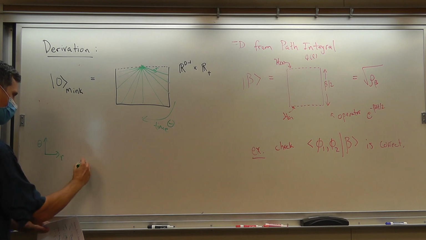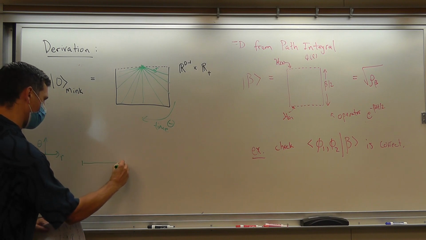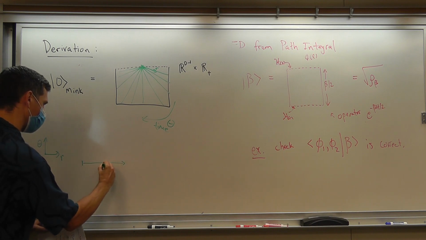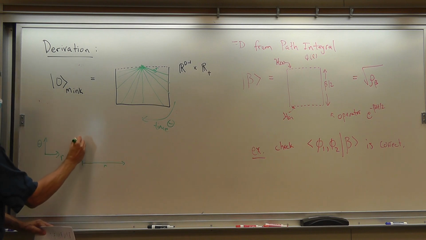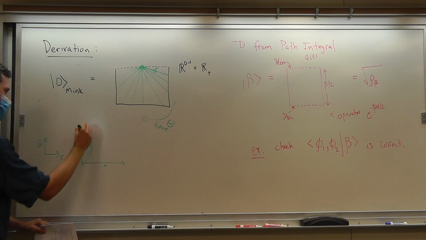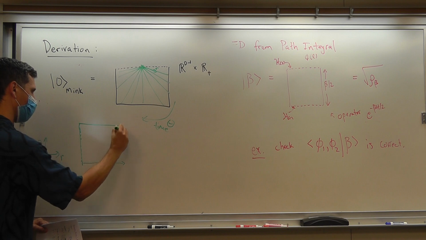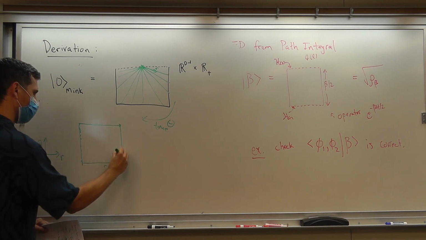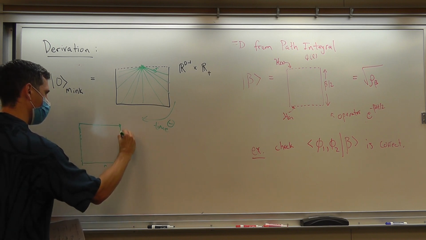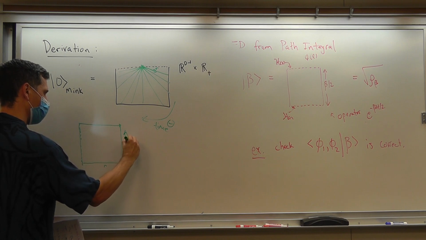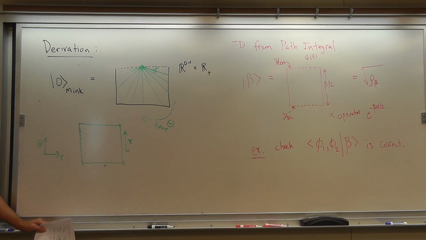Well, there's a half line, r, and there's a strip in the theta direction of size pi. Theta runs from 0 to pi.